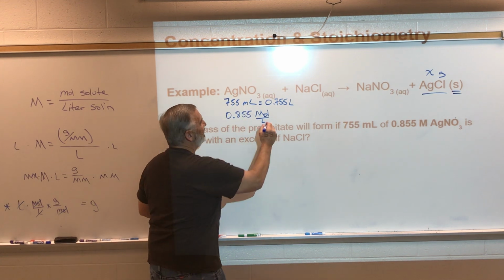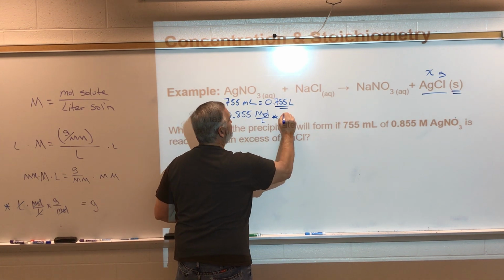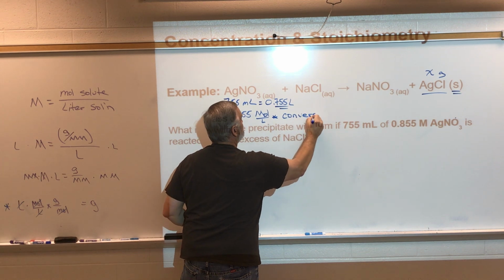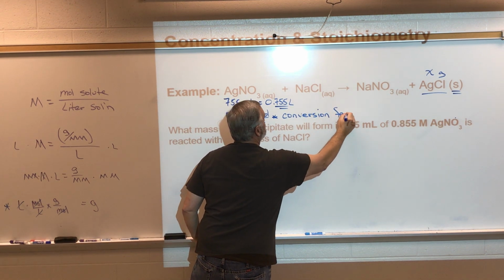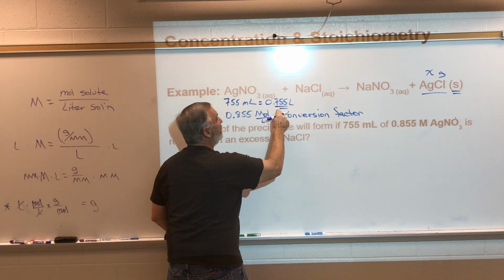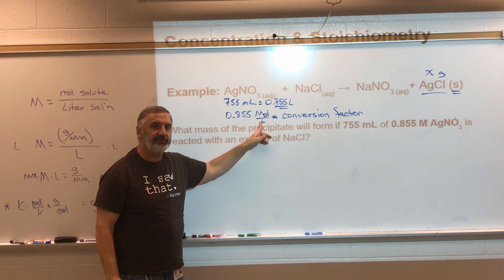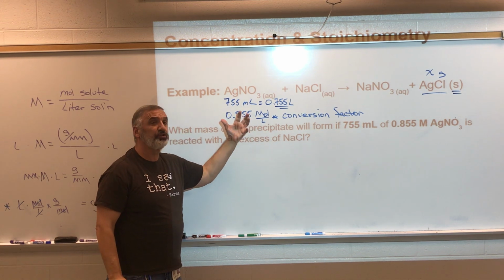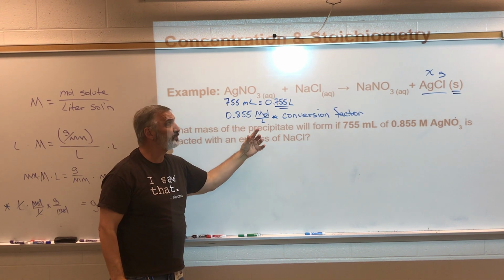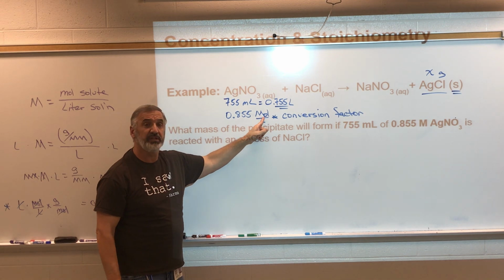Well, the given is this. This is my conversion factor. Start with the thing that only has 1 unit. The thing with 2 units is the conversion factor. So instead of going grams to moles using the molar mass, we're going to go liters to moles using the molarity.